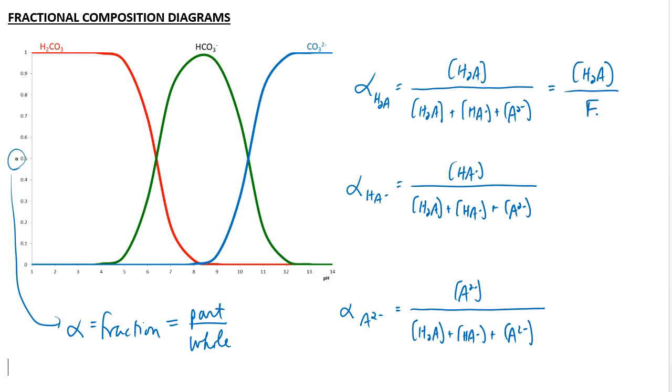So if I am asking you to create your own fractional composition diagram, you've got to have an equation that relates the fraction, maybe the fraction of H2A, to pH, or at the very least H+. So although those equations for all three forms are given in your Harris text, I do want to take a minute and derive that equation for H2A.